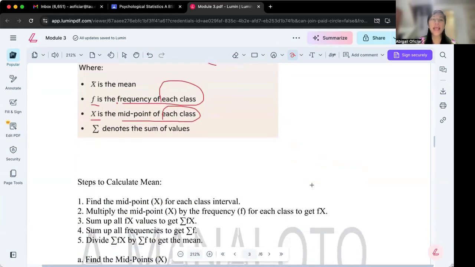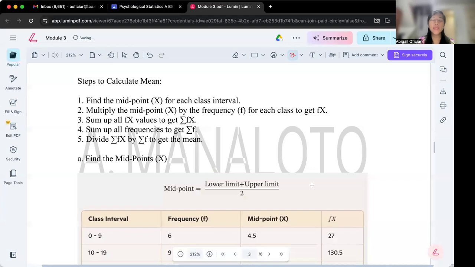So let's have an example. To calculate the mean, we need to find the midpoint first for each class interval. Number 2, multiply the midpoint x by the frequency for each class to get what we call fx.